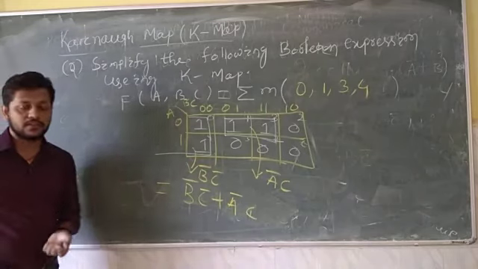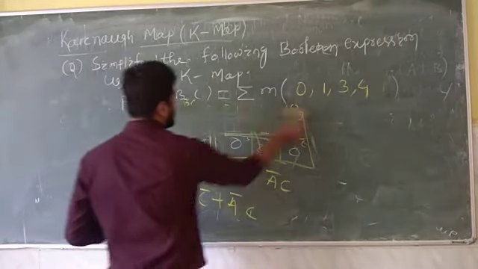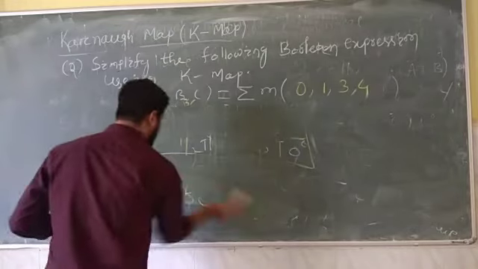This is very easy. So one more homework problem for you. Then in the next class I will teach you about 4 variable K-maps.